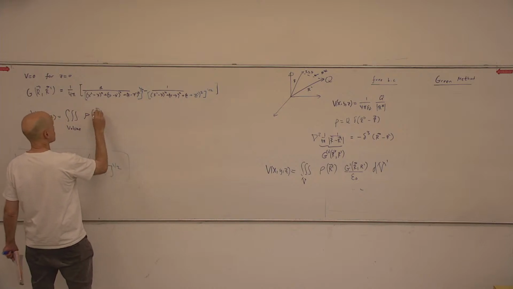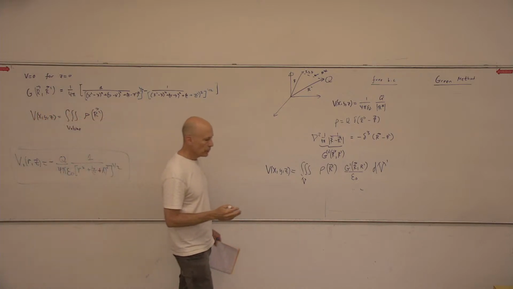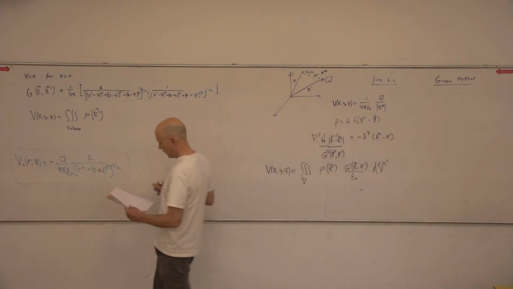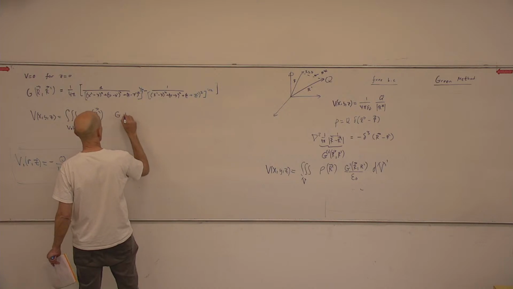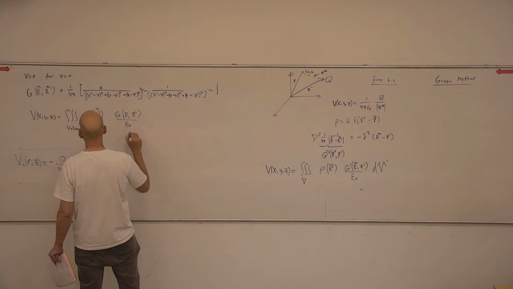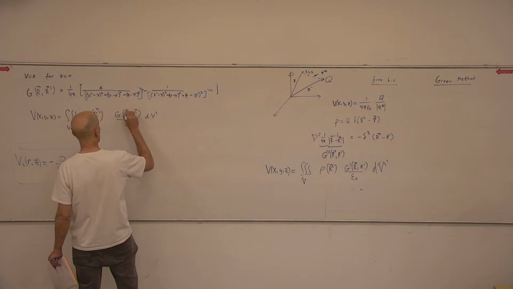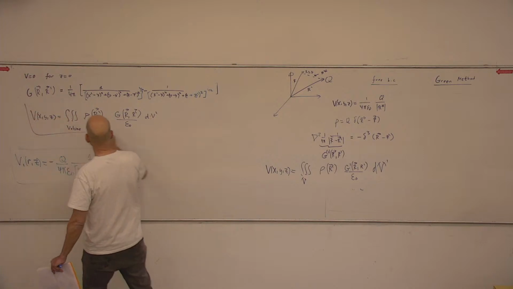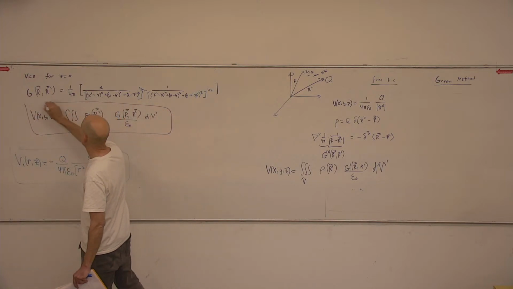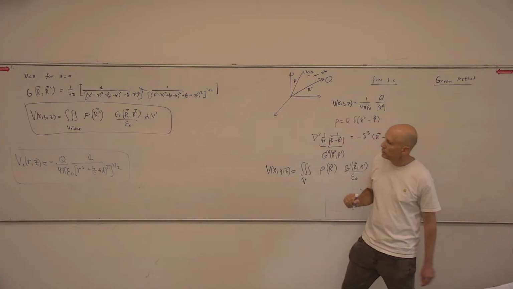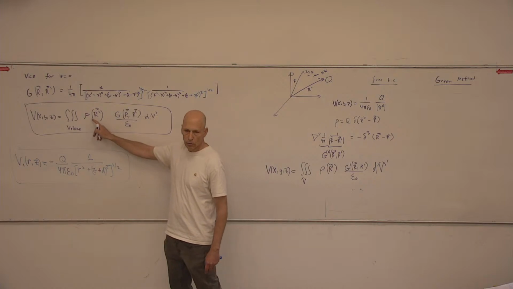So I have some charge density above the, let's say above the plane, times G of R and R prime over epsilon 0, d volume prime. And this is the solution of the Laplace equation. What Laplace equation? With some charge density rho, whatever it is.